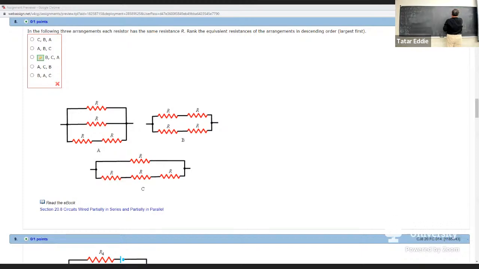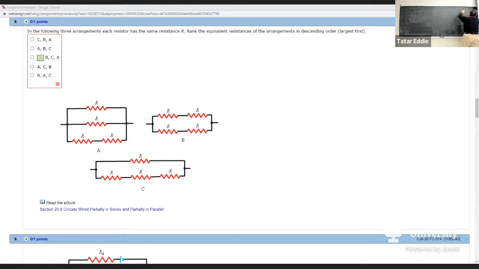And this one is 2R. R divided by 2 and 2R, like this. And now, again, product divided by the sum. So product of R divided by 2 times 2R, divided by the sum, R divided by 2 plus 2R.